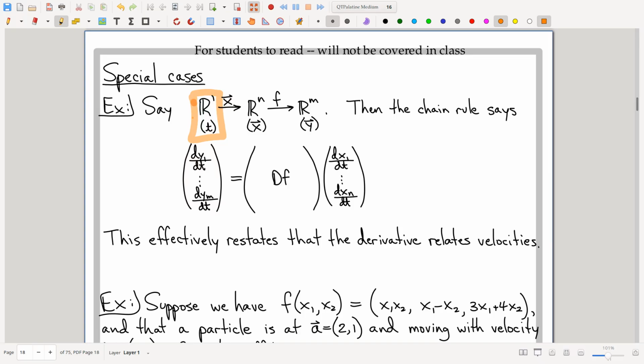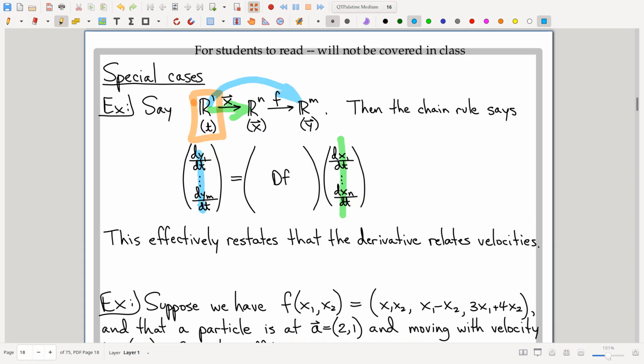Well, inputs correspond to columns. And so for this function, the derivative matrix has a single column. And for this function, the composition, the derivative matrix has a single column.